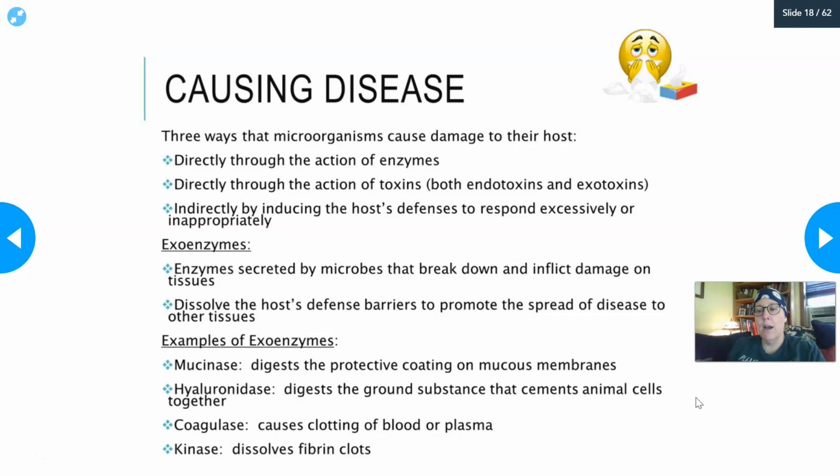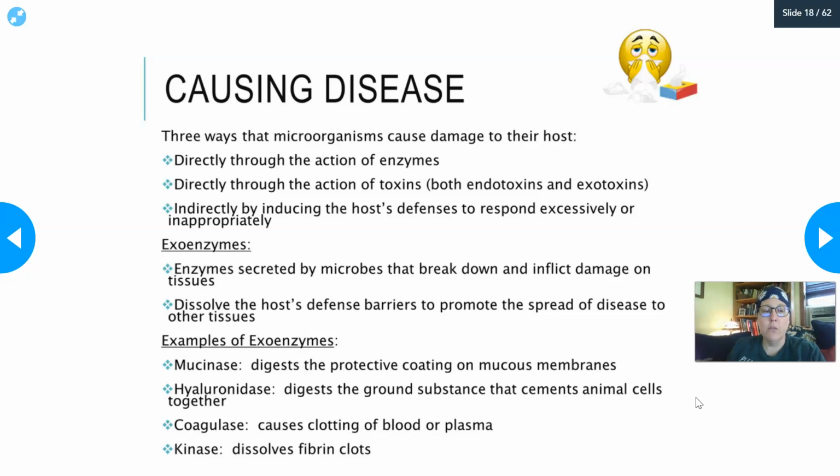So again, as we think back on coronavirus, some of the ones that are ending up on the ventilator, really the problem is an overreaction of the immune system, and that's what's causing them to have trouble breathing and stuff.